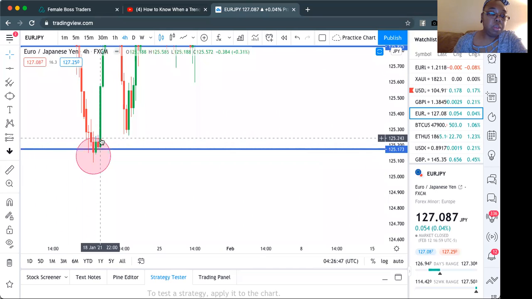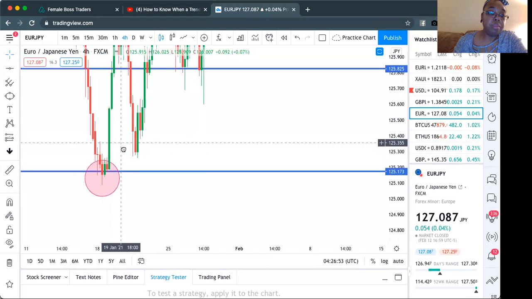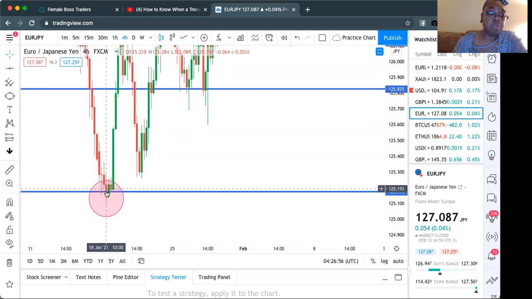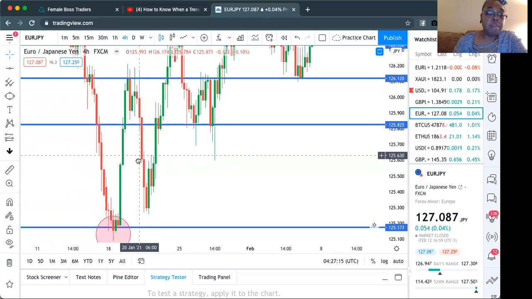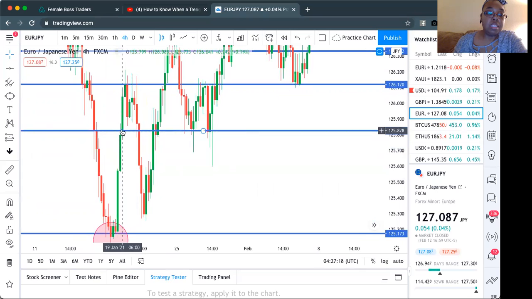This is where the price had some consolidation happening, just right in here. Then right here it broke and shot up, and where this was resistance, it turned into support.